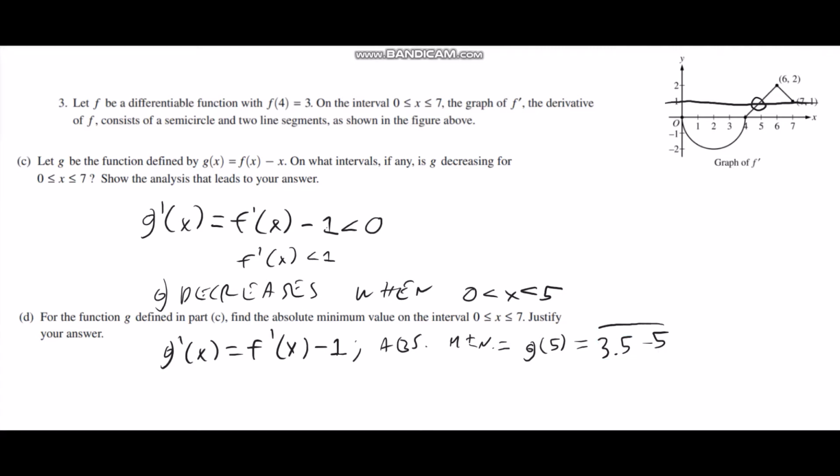So this is the absolute minimum value, and then we have to justify this.